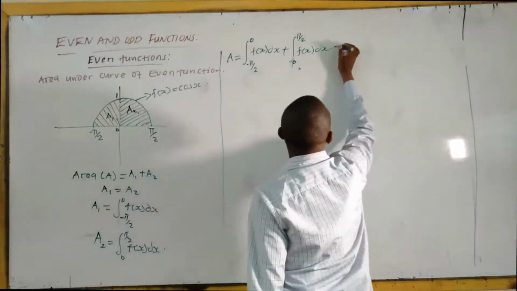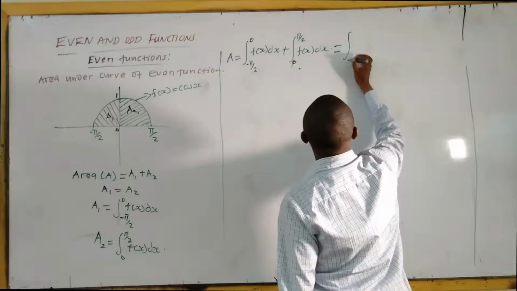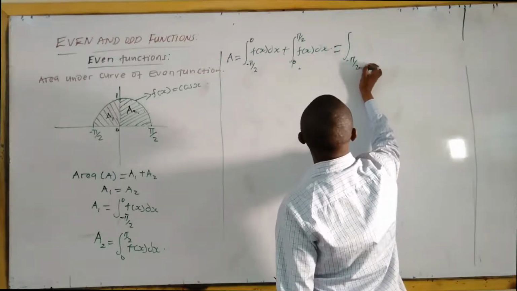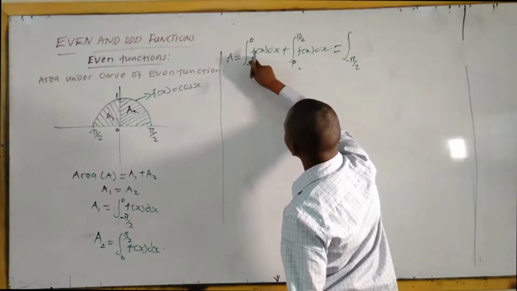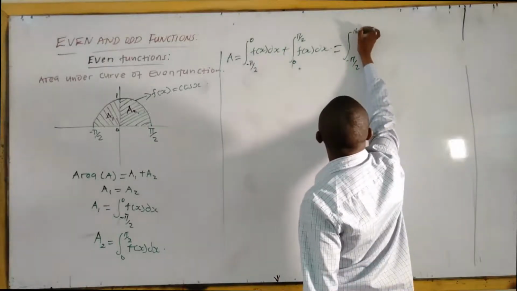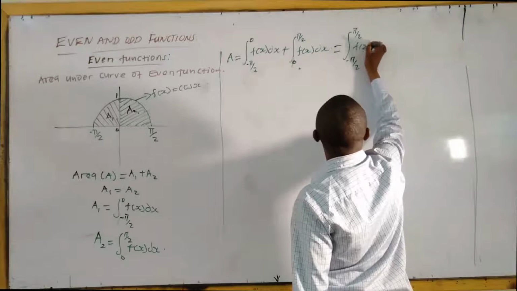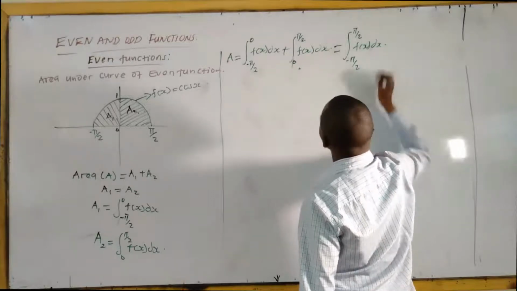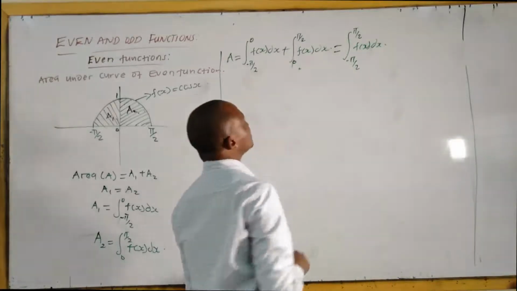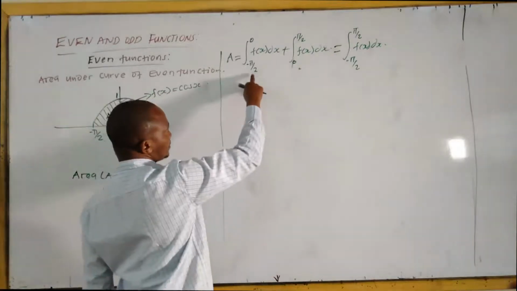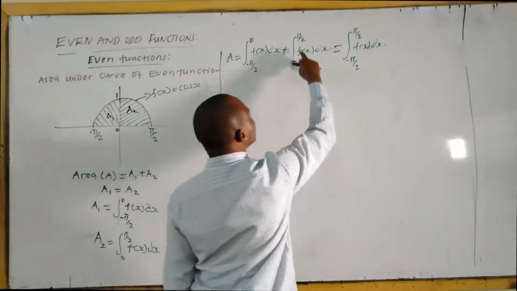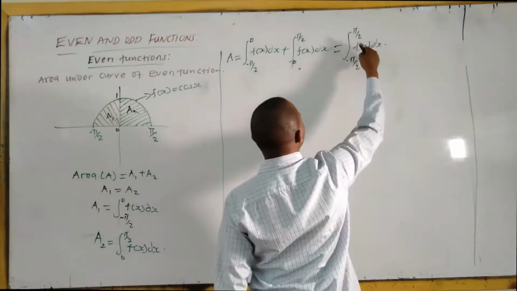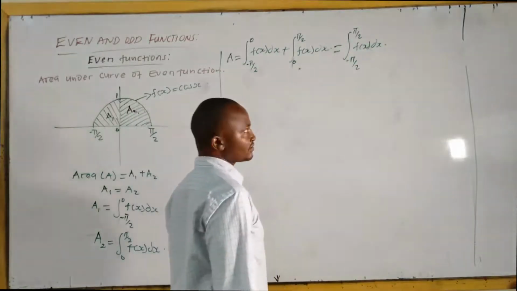So we can take only one of them. This one is the same as integrating from negative pi over 2 to pi over 2 of the function of x with respect to x.